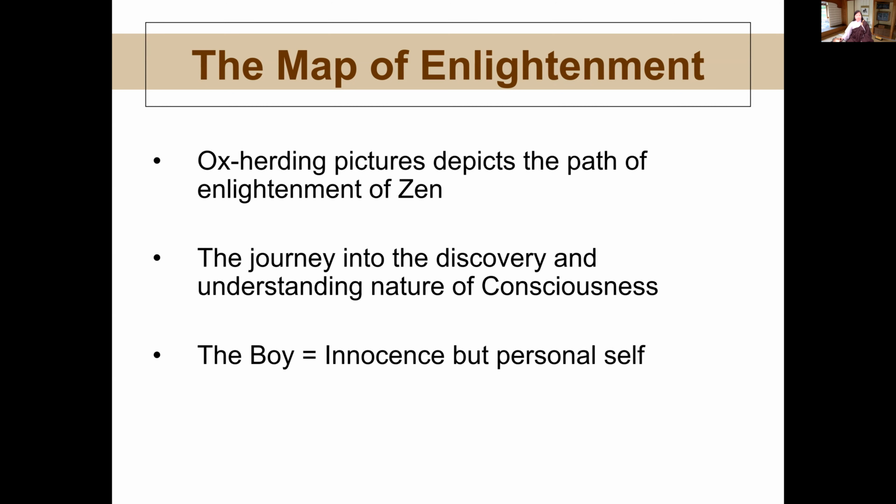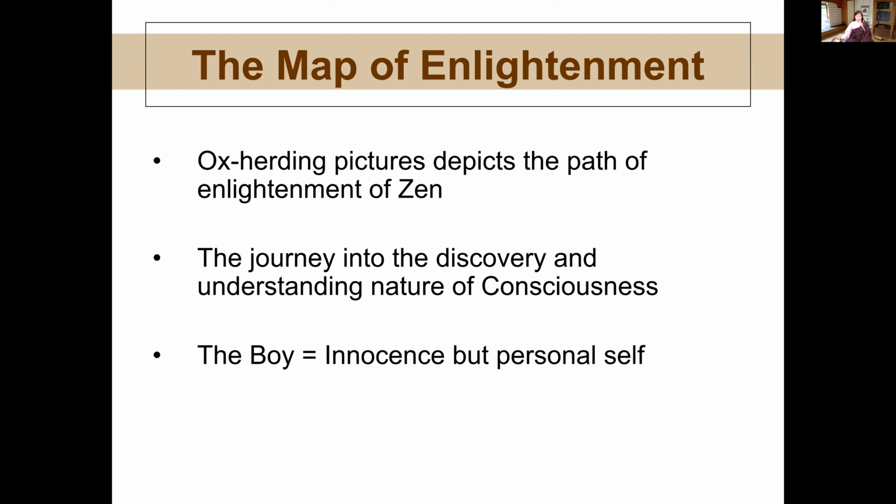So for anyone out there who doesn't understand what enlightenment means, it doesn't mean that you are becoming a better person, although hopefully you do, but it doesn't necessarily mean that. It doesn't mean that you're going to have a halo on your head and people are going to revere you as some sort of exalted guru being. That's not true at all. So enlightenment in Zen is basically the discovery and understanding of the nature of consciousness.